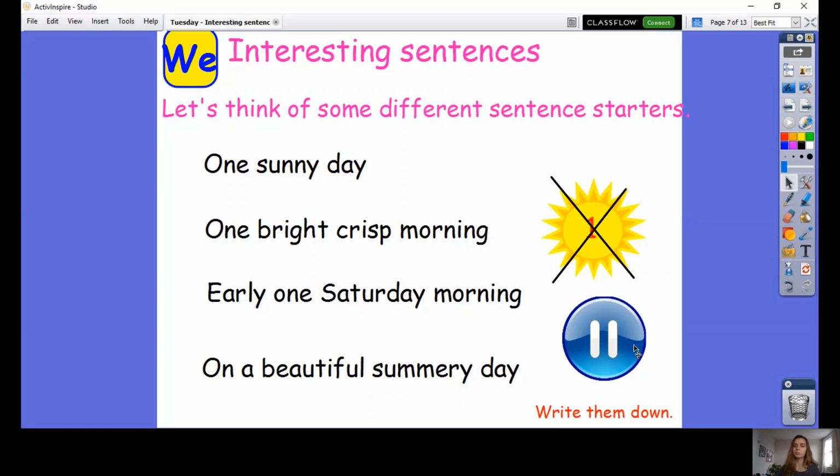Fantastic. Can you tell me one of your sentence starters? Fantastic. And you remembered to write it about the time of the day. Well done.